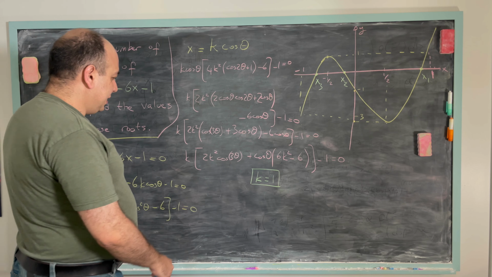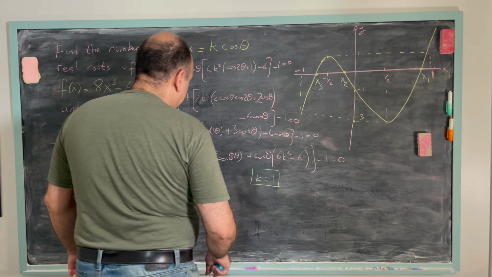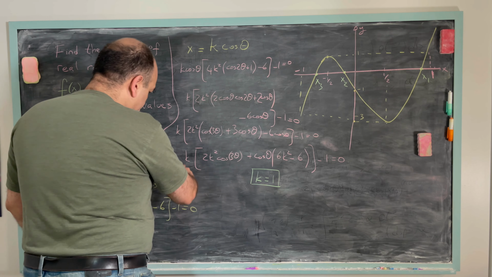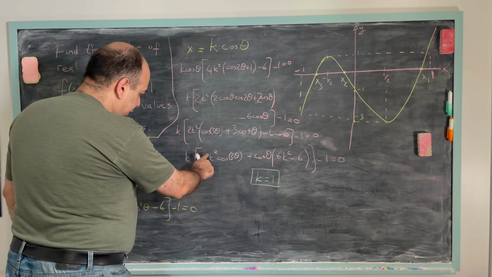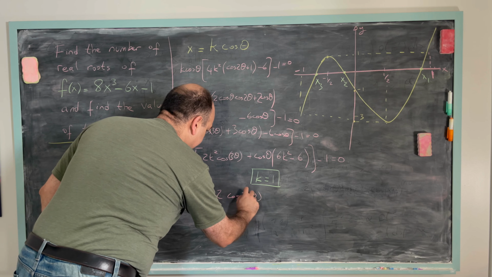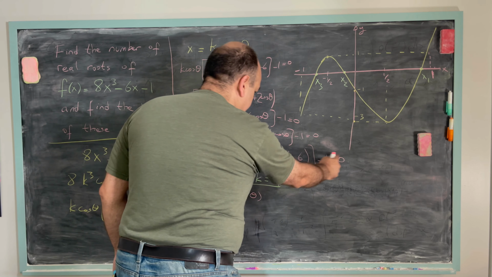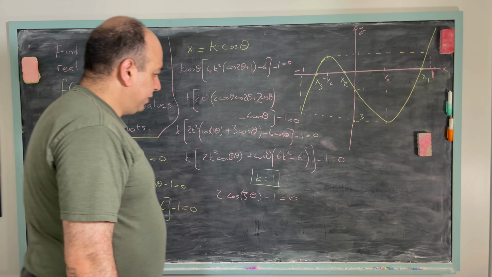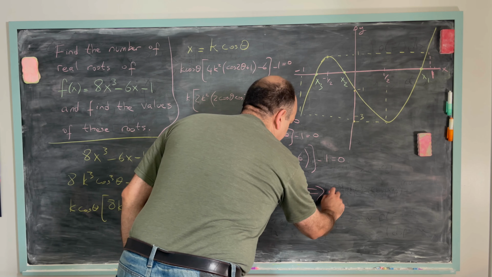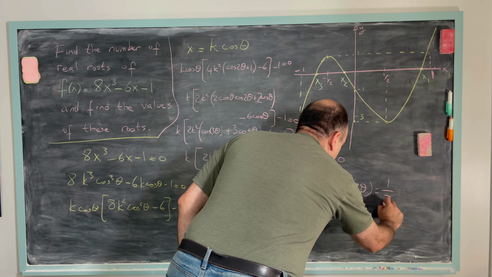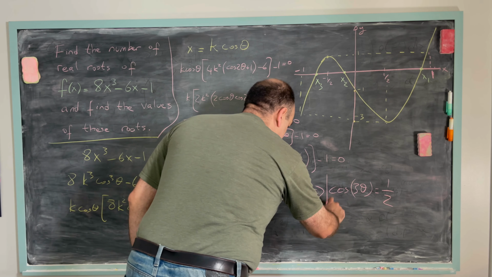So let's give it a try and see what this gives us. When k is equal to 1, this is 2, so 2 cosine 3 theta, this is 0, minus 1 is equal to 0, right? So this tells me that cosine 3 theta is equal to 1/2.